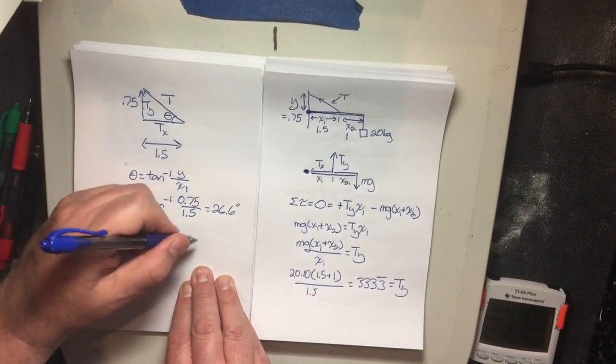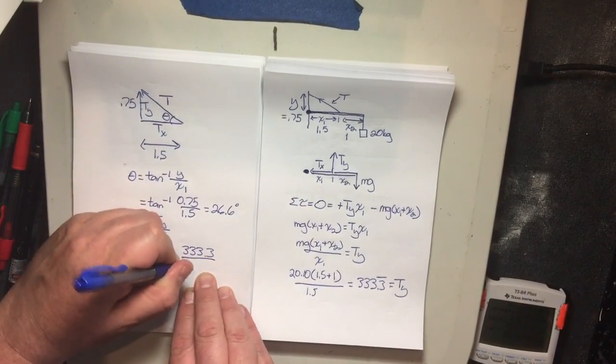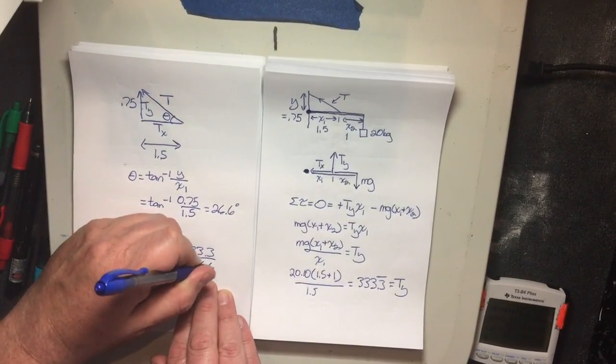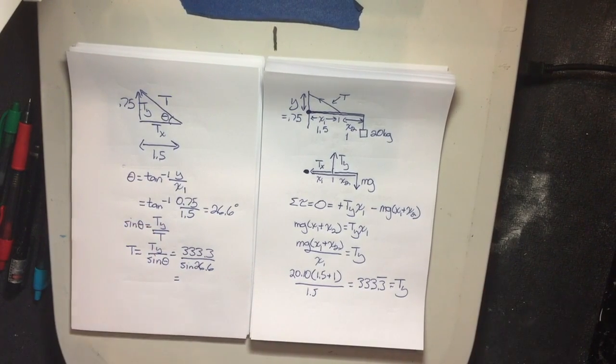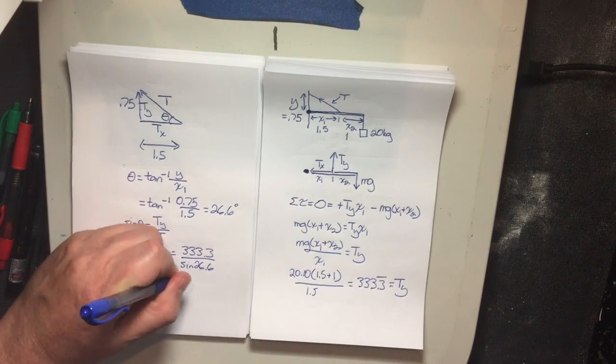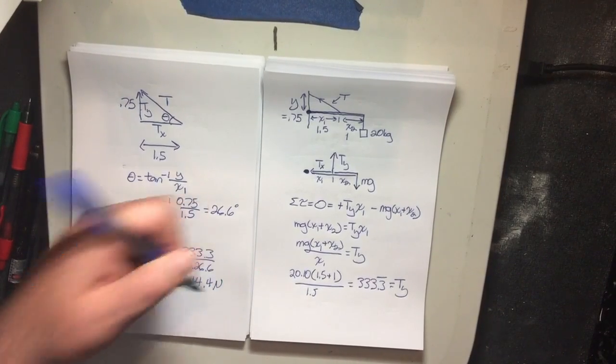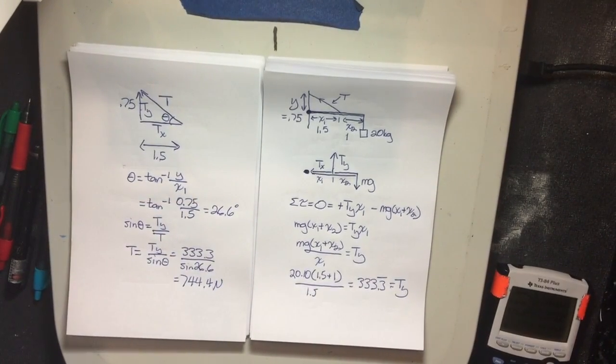That means Ty 333 1/3, sine 26.6, and I get 744.4 newtons. And that's the total tension in the string. So it's a torque bar problem, but a little bit more complex.